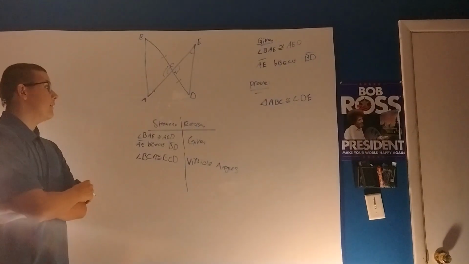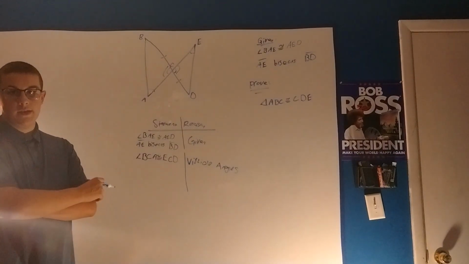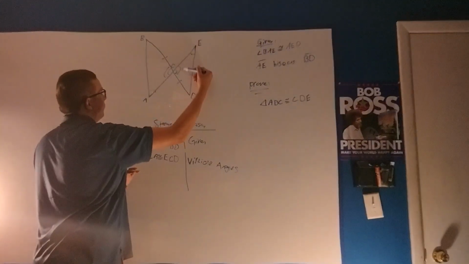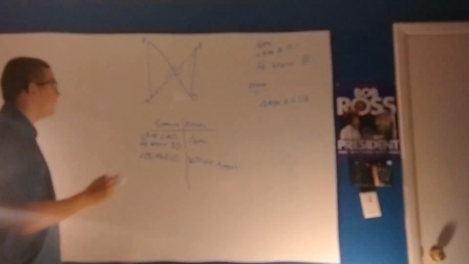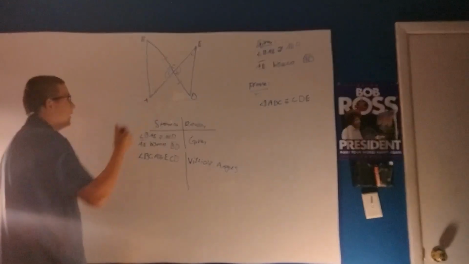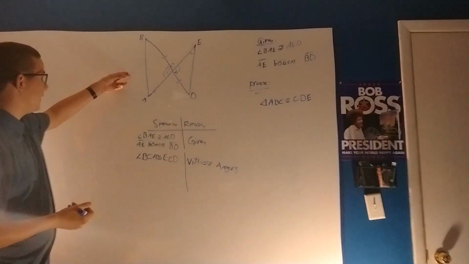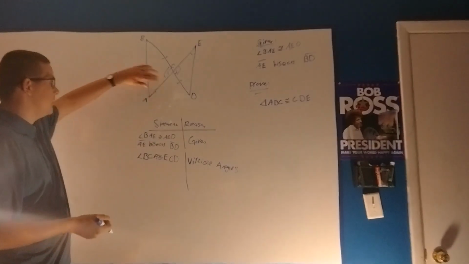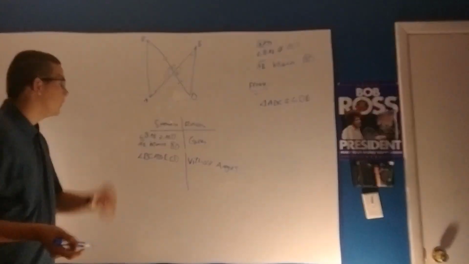And now we have two angles and a side that isn't between them. So if you remember what this is, it's angle, angle, side, AAS. And same thing over here, angle, angle, side. So this is like you took one triangle and you flipped it and then mirrored it, right?